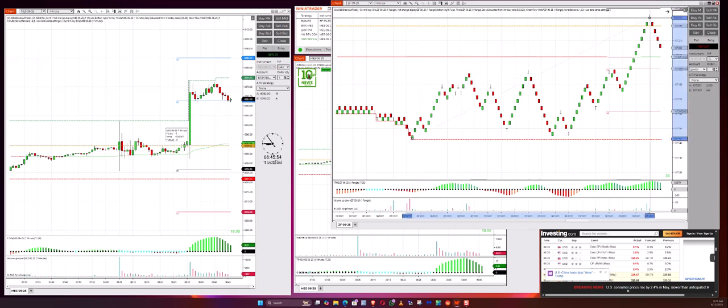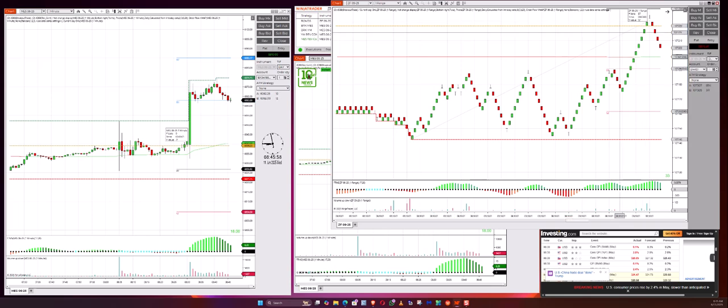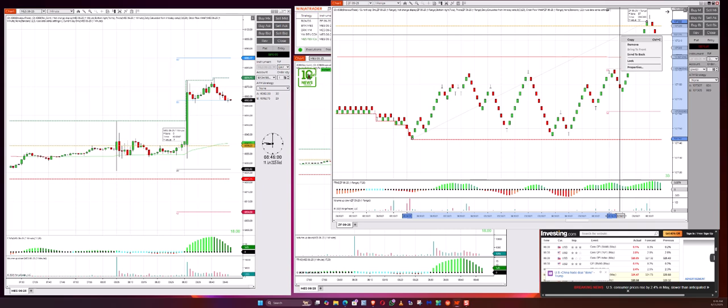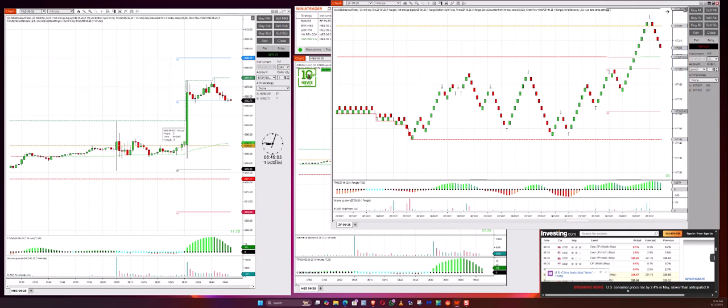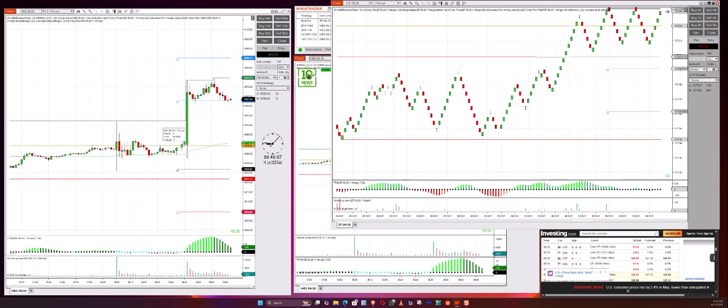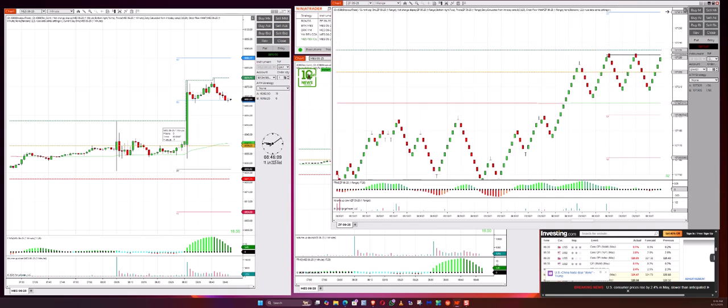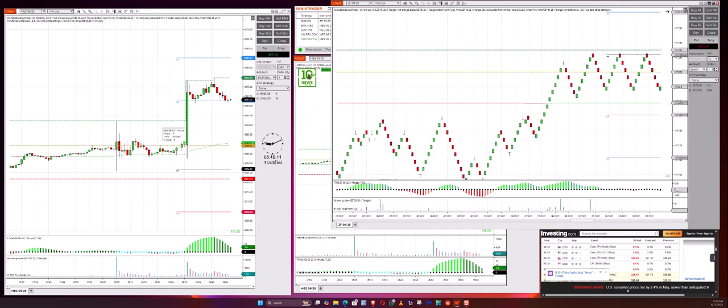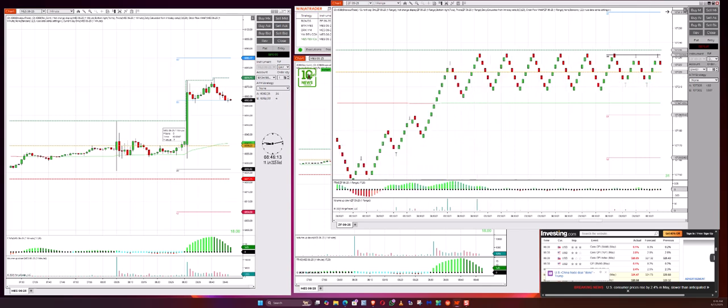So there would have possibly been some room. It went up a little bit more even. I think you could have made money with bonds even with a very big bracket because it never really pulled back after that initial little whip.